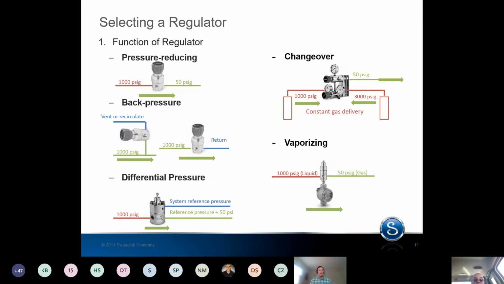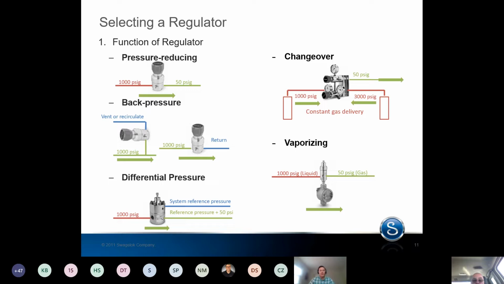If you need to keep that analyzer at a certain pressure, a back pressure regulator will be great. Differential pressure regulators are for when you want to reference another part of the system or a different system, and you always want the set point to track along with a little bit of differential on top.